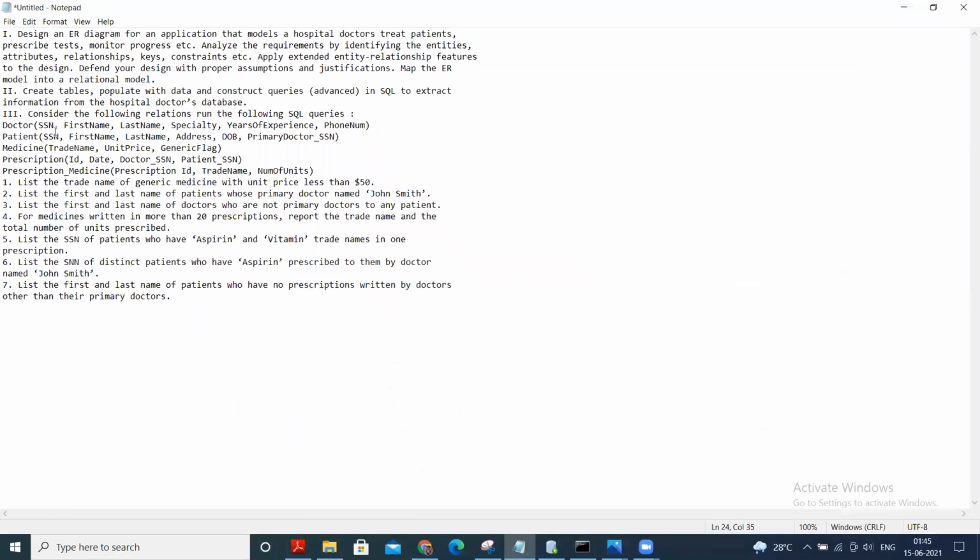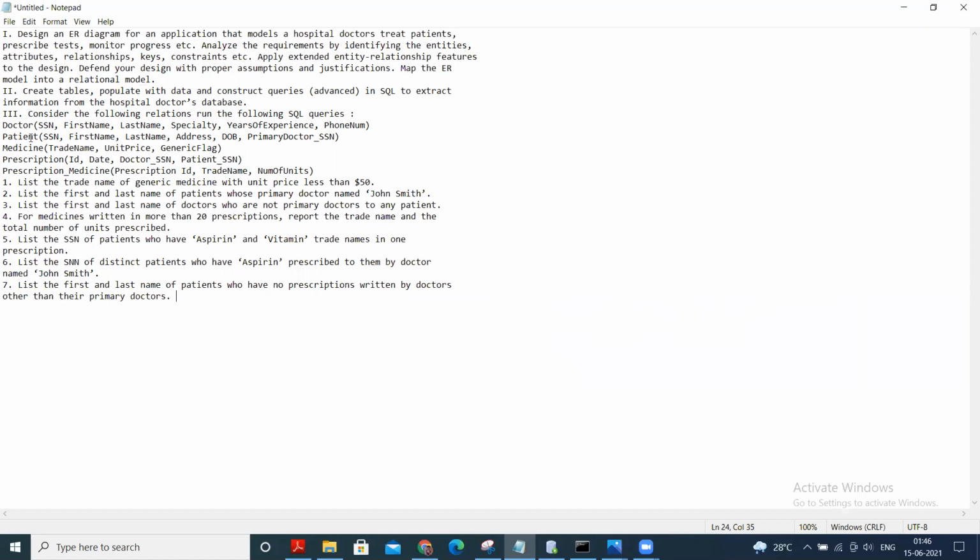Now the next thing is to create tables, populate them with data, and construct queries in SQL to extract information from the hospital doctors database, and consider the following relations. Run the following SQL queries. Doctor has the attributes SSN, first name, last name, specialty, years of experience, phone number.